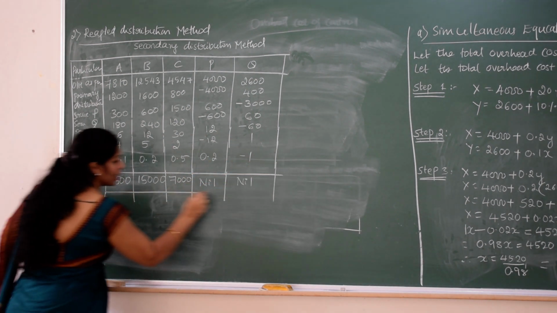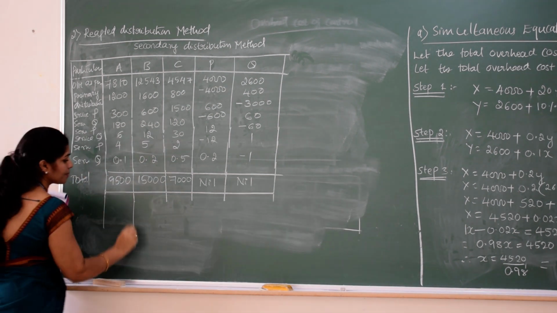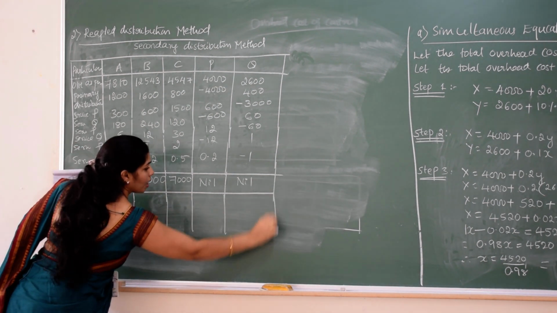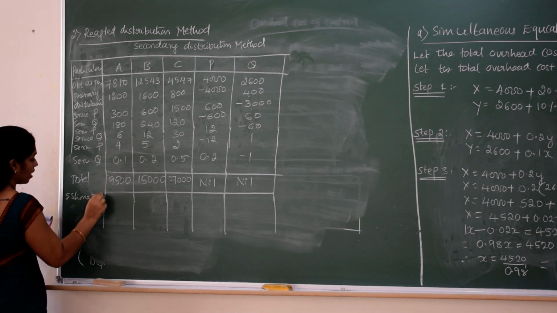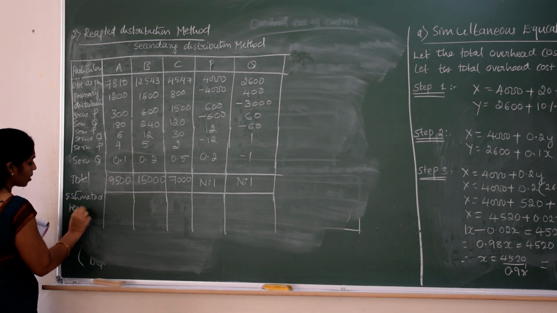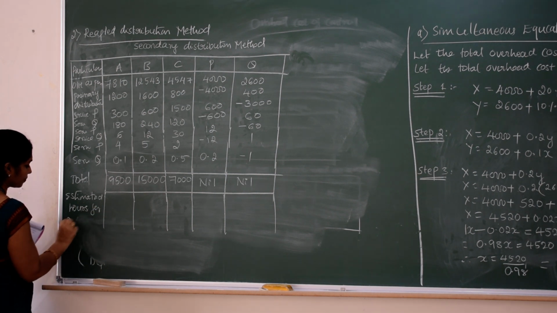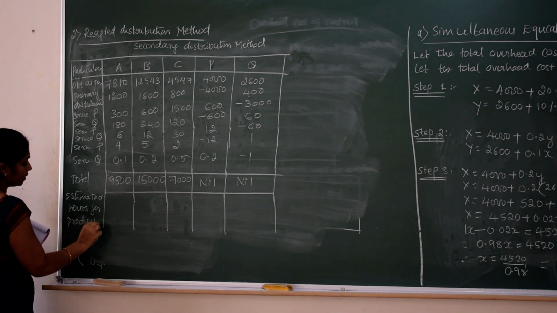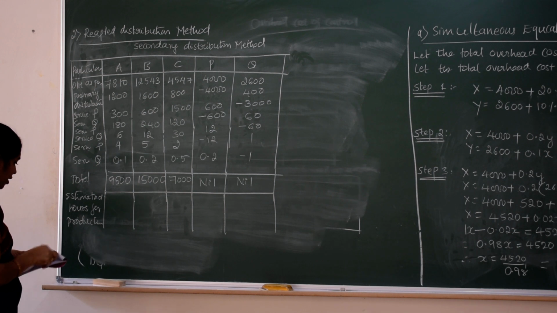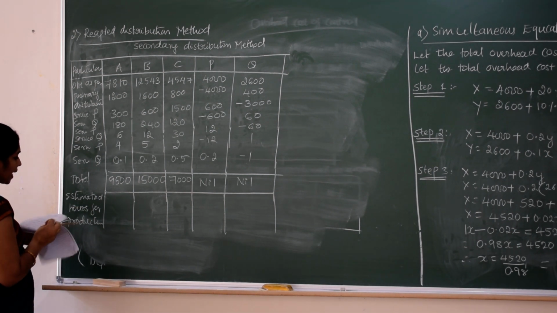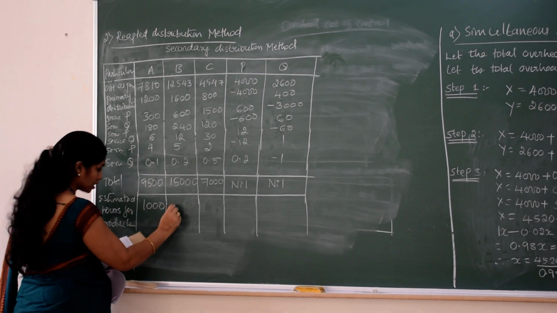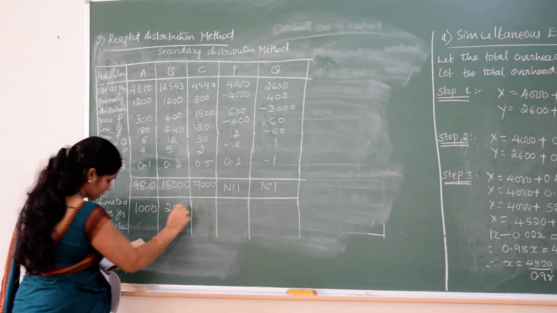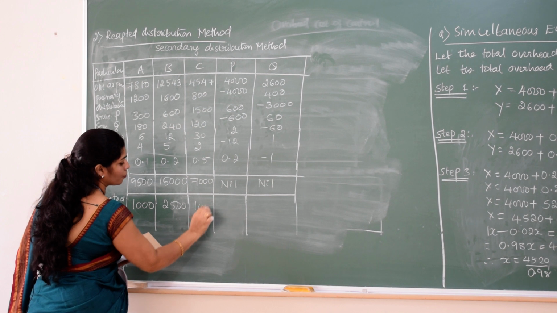So again you have to take the estimated working hours for the production departments. As given in the problem, department A is 1,000, B is 2,500, and C is 1,400.